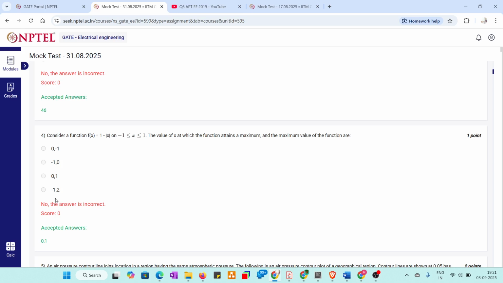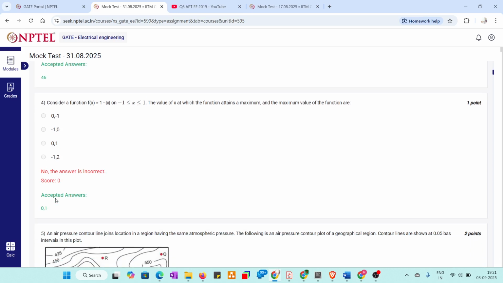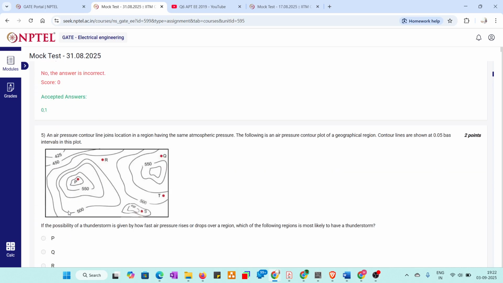Okay, consider the function. Next question, we'll see the function f of x equals 1 minus mod x, where the x value is -1 to 1. The value of x at which the function attains the maximum, and the maximum value of the function are. Okay, the answer is 0, 1.